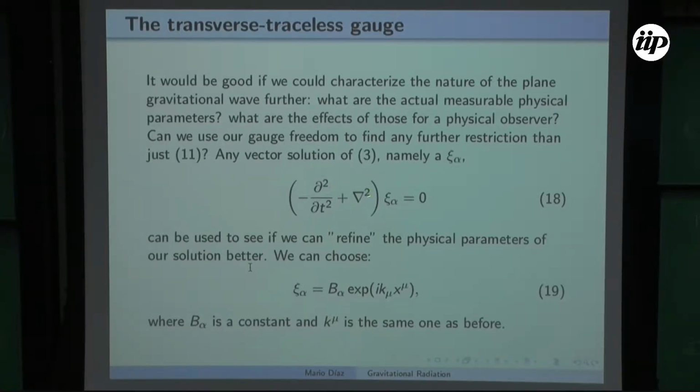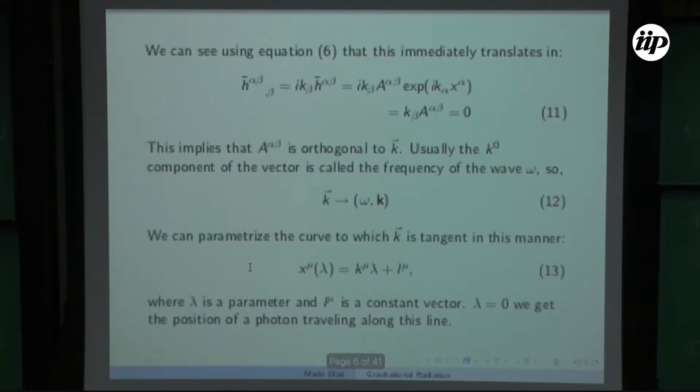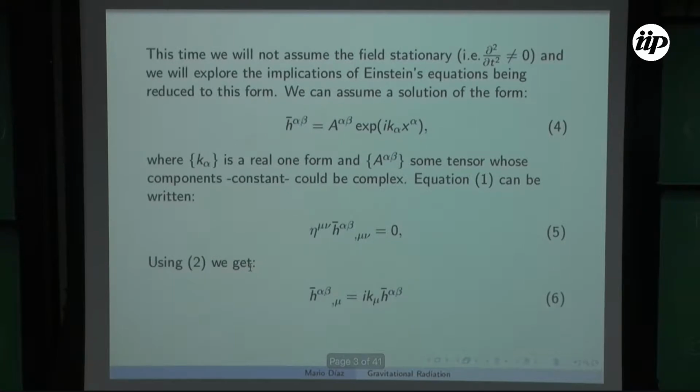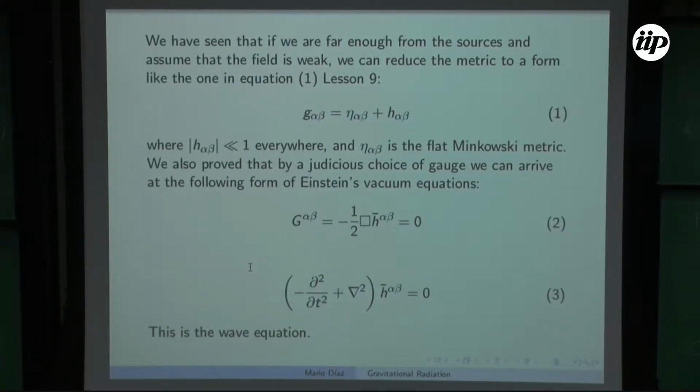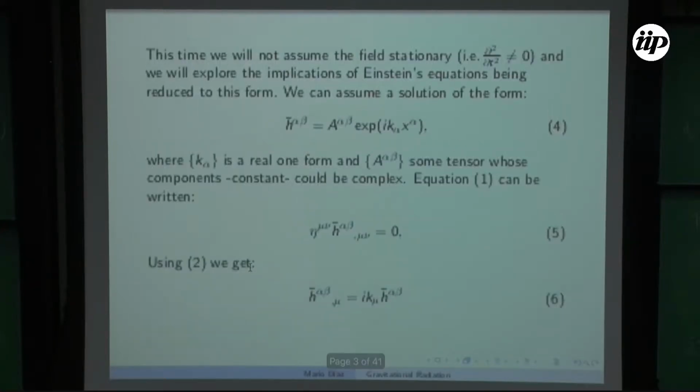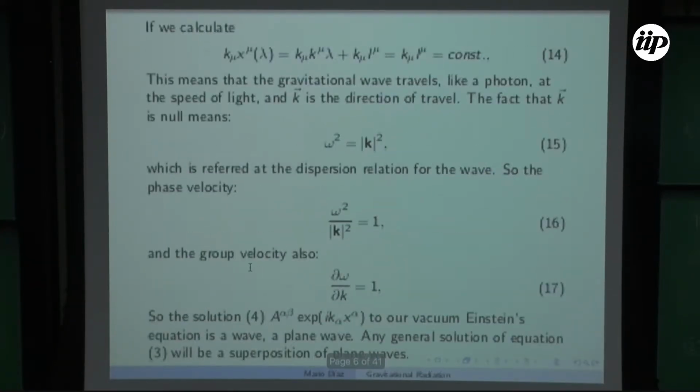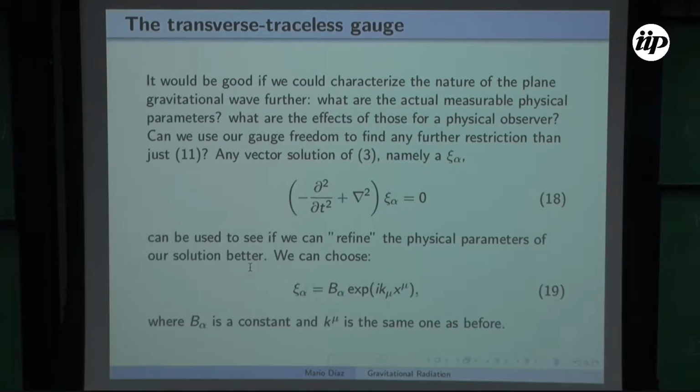So essentially, if we look for any vector solution of, let me go to equation 3, and that was equation 3. So any vector solution of this wave equation, we're going to find a gauge freedom that we're going to apply.